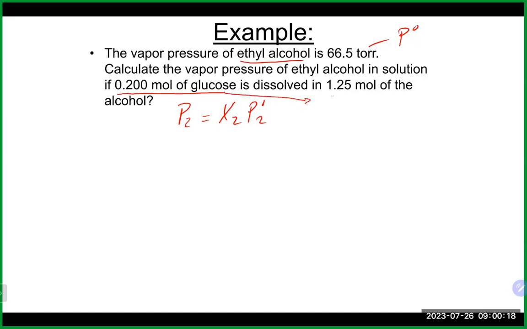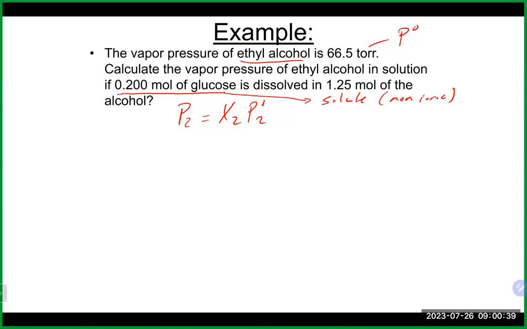Glucose is going to be our solute, and it's non-ionic. That means when glucose dissolves, it doesn't create ions. When you toss it in there, you get one molecule of glucose per one that you toss in, and that's different than an ionic compound, which breaks apart into a bunch of ions.